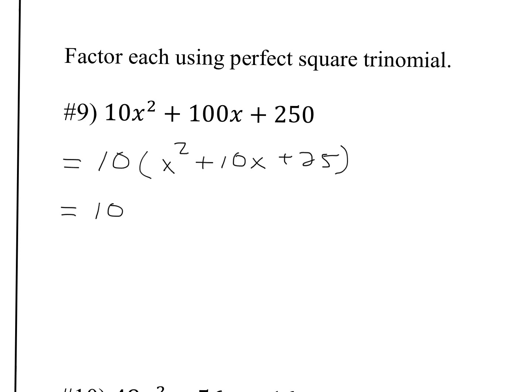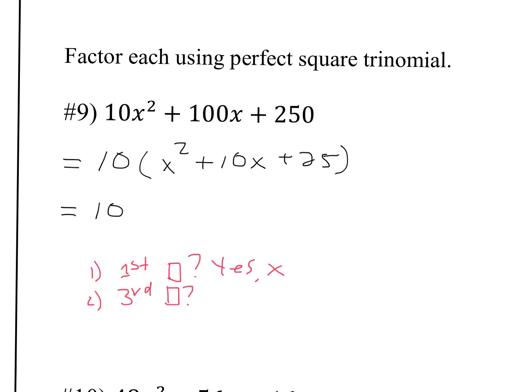Is the first term a perfect square? The answer to this is yes. The square root of x squared is x. Second question, is the third term, or the last term, a perfect square?